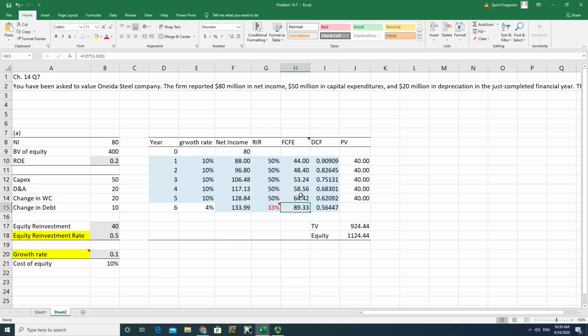Then you discount those free cash flows to equity to get the present values of the first 5 years of free cash flow to equity as well as the terminal value. So this is the terminal value.